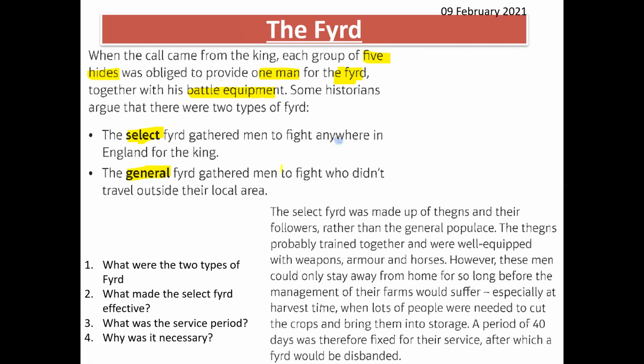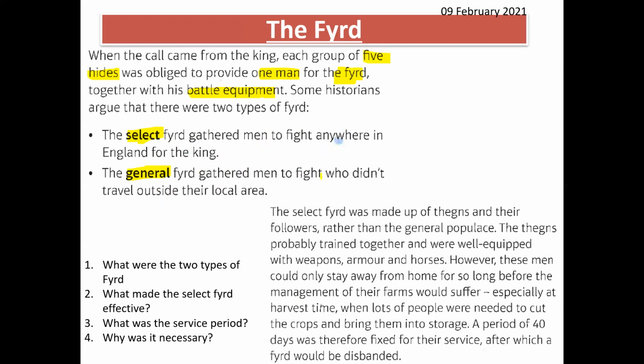Mostly it was about defending against marauding Vikings. So if there's a massive Viking invasion, or worse still, the Normans turn up on your south coast, essentially all men would be gathered and they could fight anywhere.